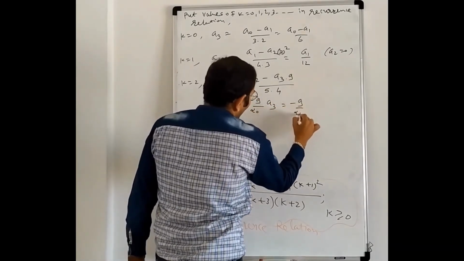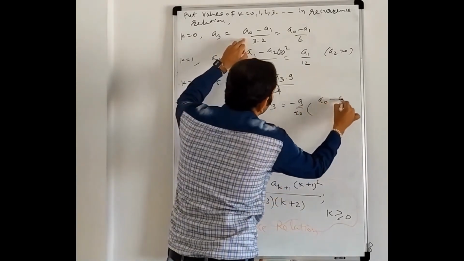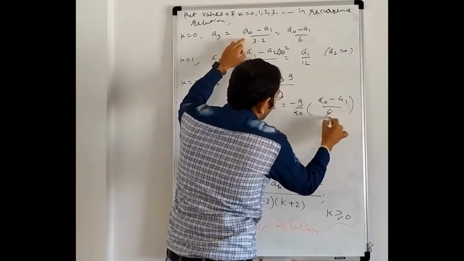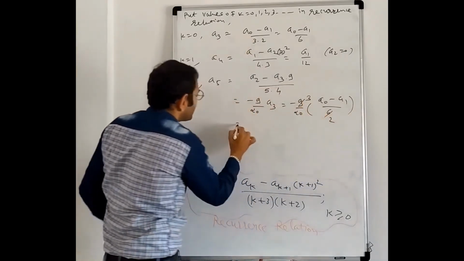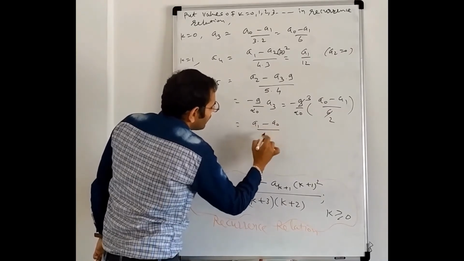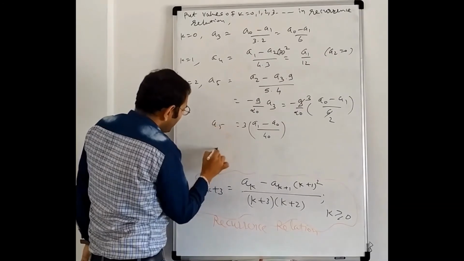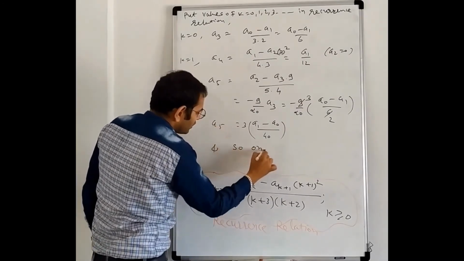Put the value of a3, which is a0 minus a1 divided by 6. 3 twos are 6, 3 threes are 9. Minus goes inside. Then a1 minus a0 divided by 40 into 3, which is a5, and so on.